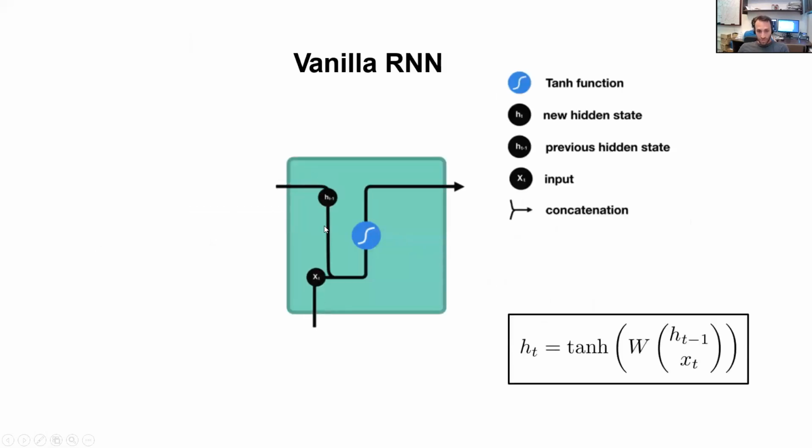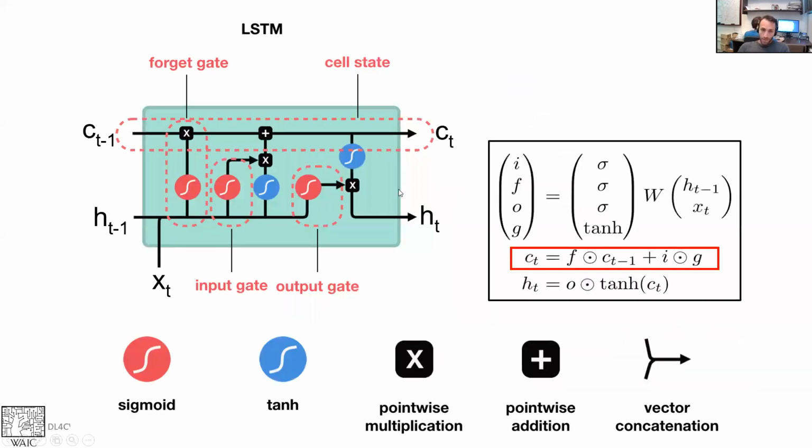Now, just to look graphically at vanilla RNNs, so we will understand the next slide better, remember that we just take the current input and the previous hidden state, we multiply by a weight matrix and pass through a tanh. That's the vanilla RNN. Now, when looking at the LSTM graphically and with the update rules, let's first look at the cell state or the memory.